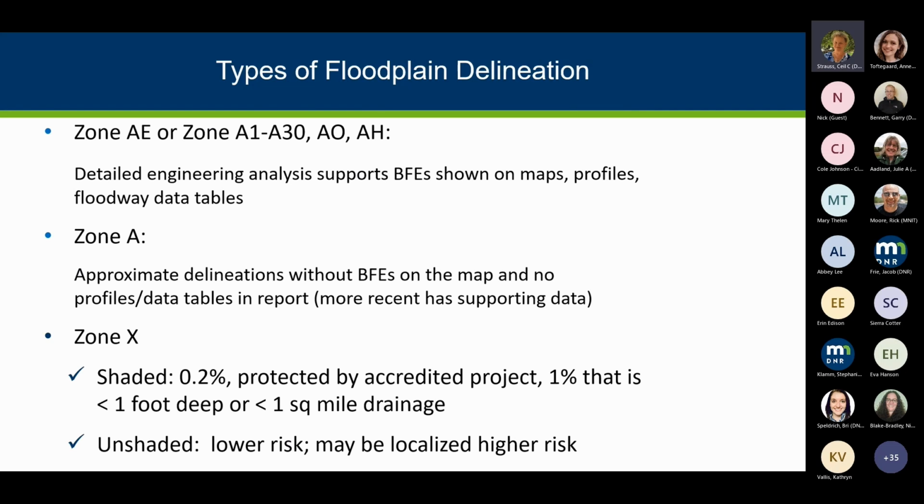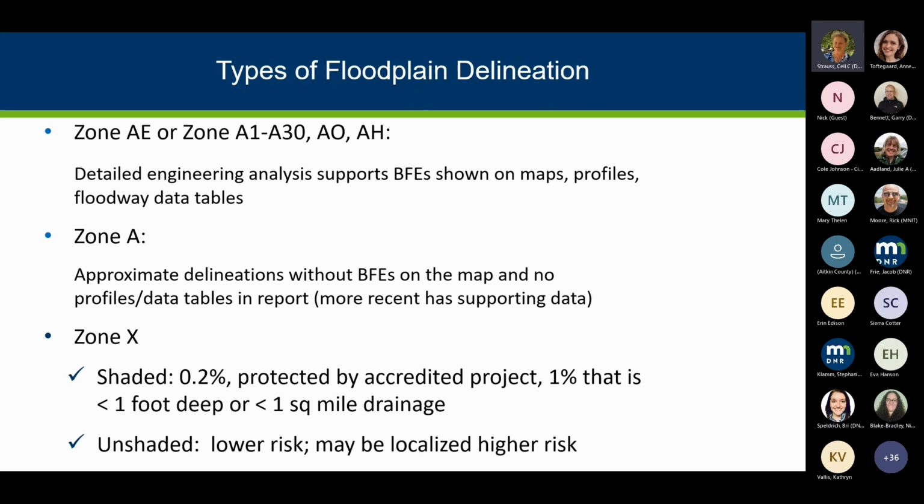Those are the areas where we have more detailed modeling. Some of the models that we're talking about that do get into more detail will be in those AE or those numbered A zones. Zone A or approximate A zones are areas where in the past there was basically no supporting data, very little supporting data.